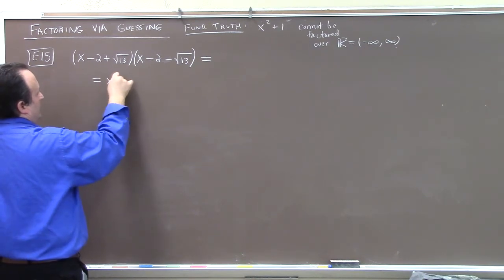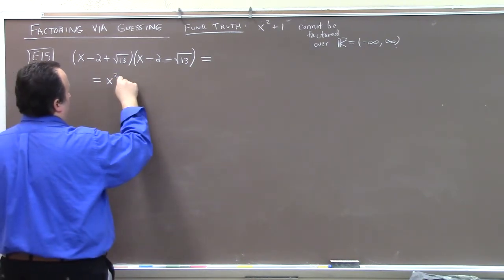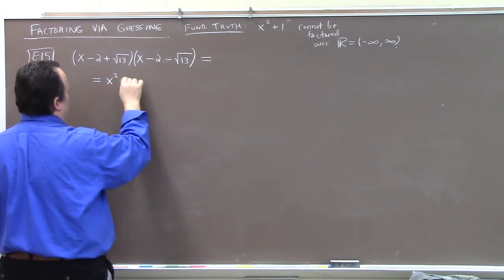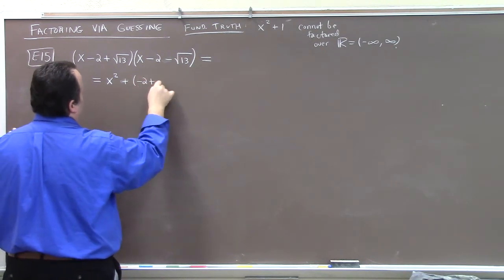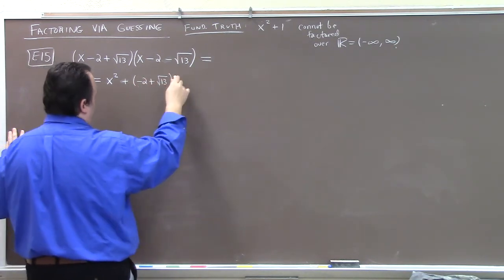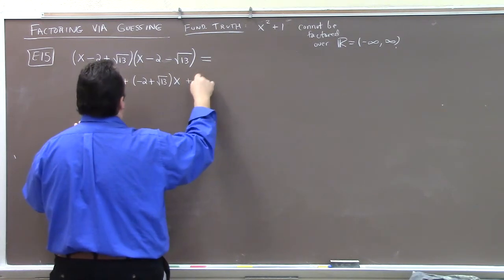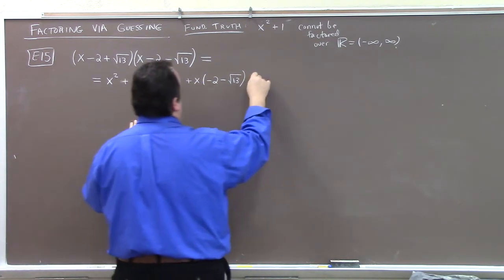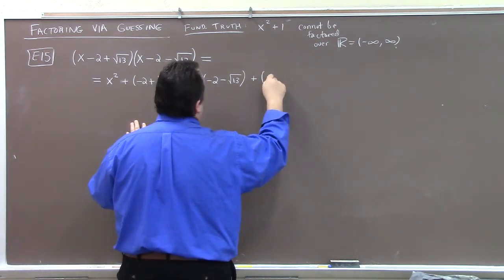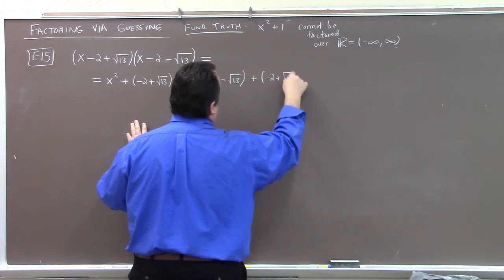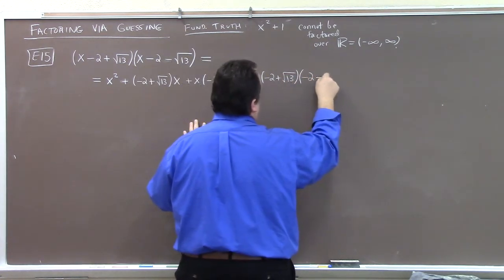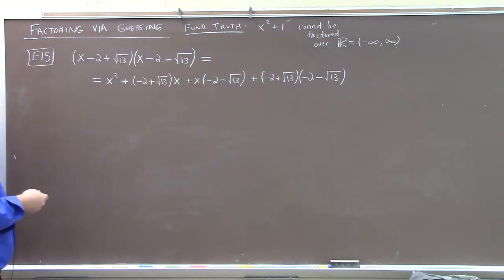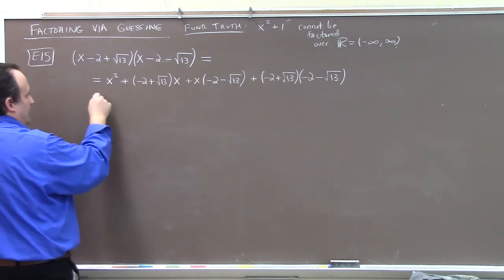We get x squared, minus, well, let's say plus, minus 2 plus the square root of 13 times x, plus x times minus 2 minus the square root of 13, plus minus 2 plus the square root of 13 times minus 2 minus the square root of 13. It's kind of a mess, right? But what does that work out to?